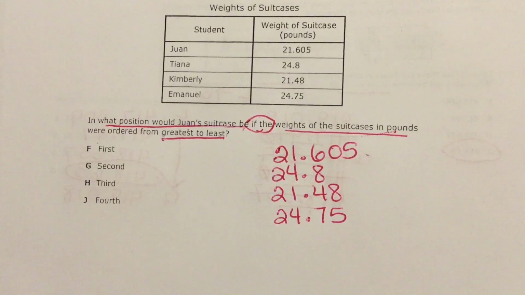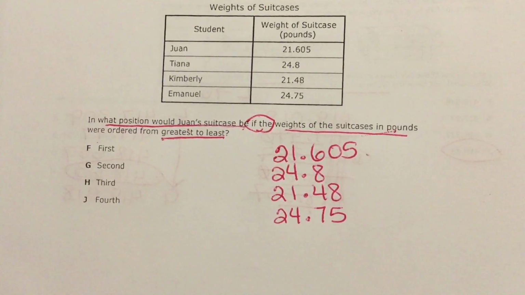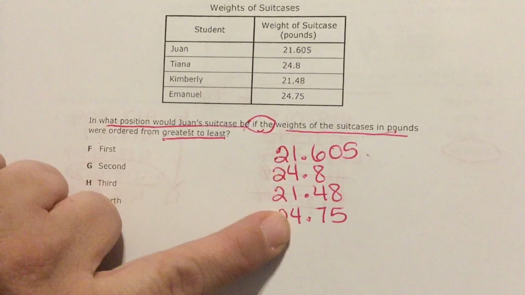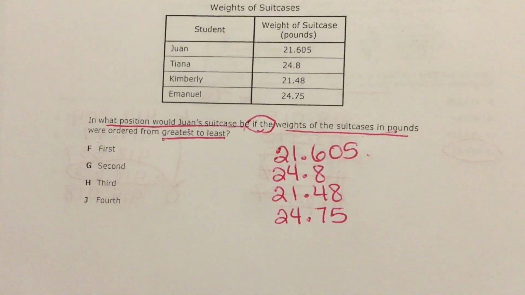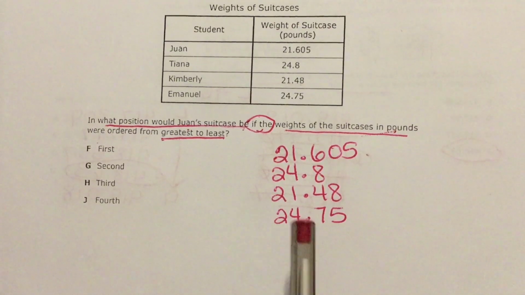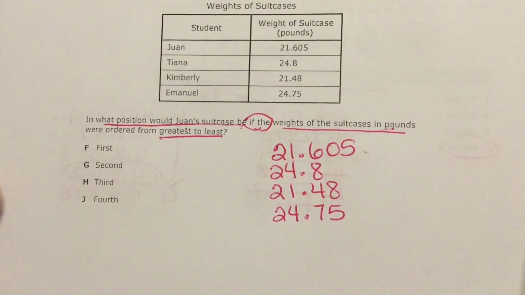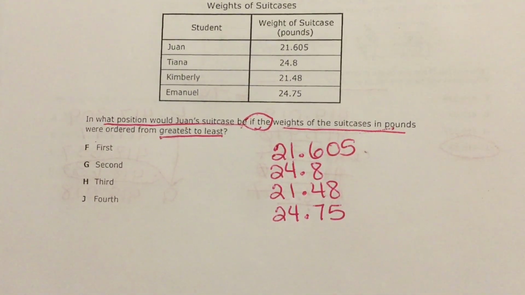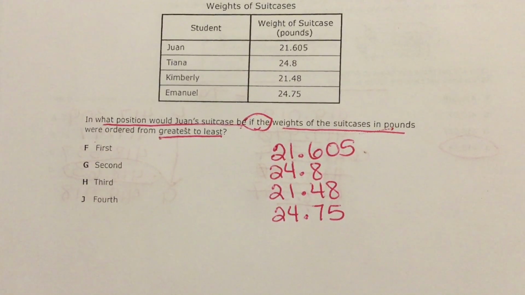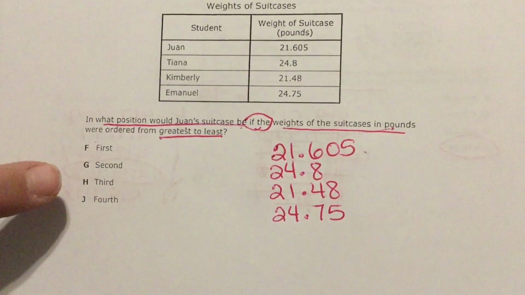Then start comparing based on the tens place. So we're looking at the whole numbers. And then you're going to look at the ones place. And you're putting them in order from greatest to least. So you're looking for the biggest first. And then make sure you rewrite the number. And then which one was Juan's suitcase? First, second, third, or fourth?